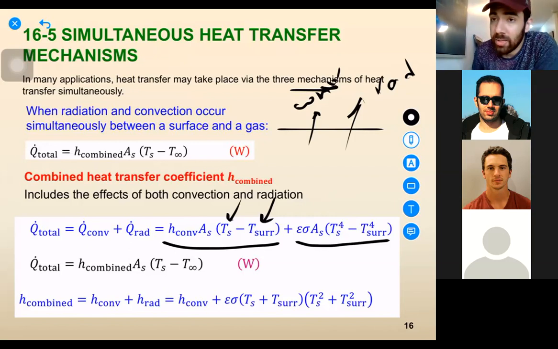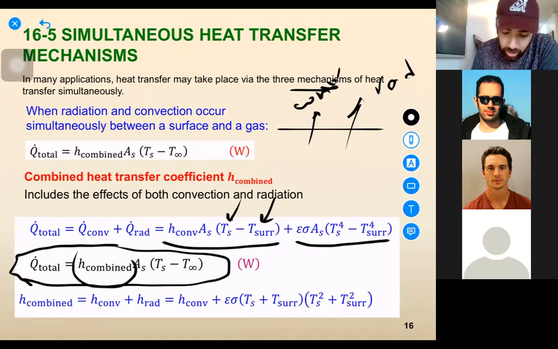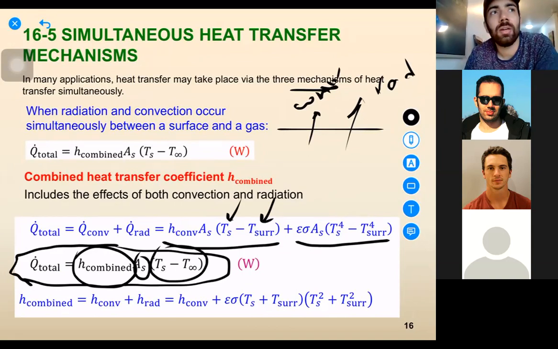So if I want to find a combined heat transfer coefficient, what should I do? I should write the total equation as H of combined times area times the temperature difference. If you had paid attention enough, you know that in all equations so far, we had the temperature difference and the area term.